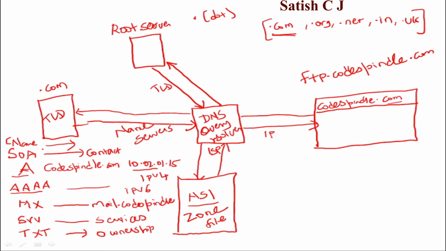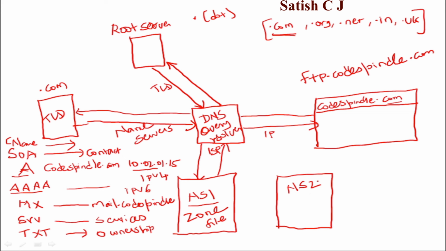So now all these types of records for a domain are present inside the zone file, and we have name server 1. Why did I give it as name server 1? Because we have multiple instances of name server. We normally have a minimum of 2 instances of name servers. Say name server 2. What is the use of name server 1 and name server 2?